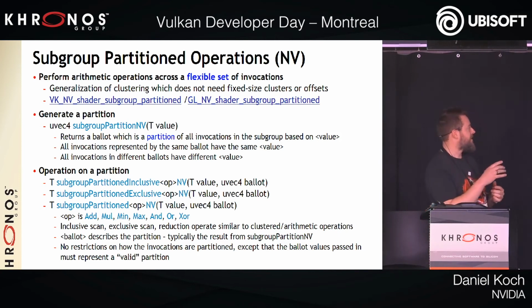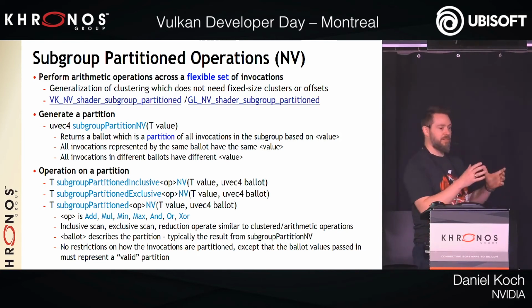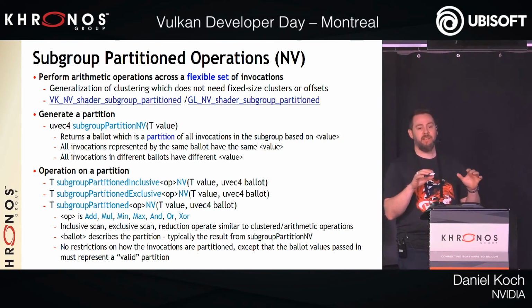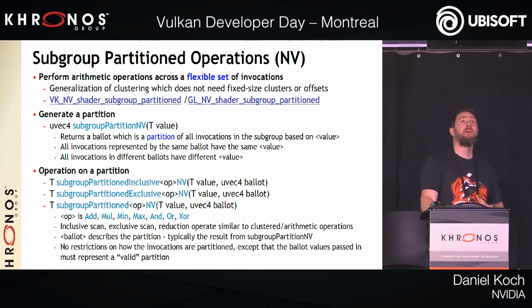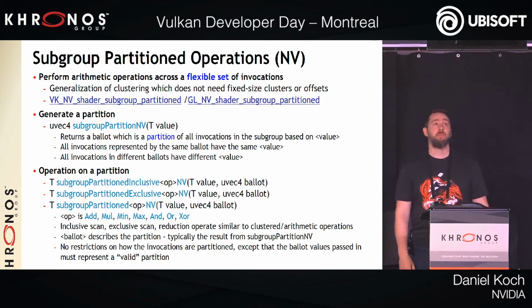So if you have a subgroup of size 8 and 6 of the threads have the same value, you'll end up with a ballot that has 6 bits set. And you get a unique ballot for each set of threads that have the same value. And then you can do operations on the partition, similar to the clustered and arithmetic instructions.